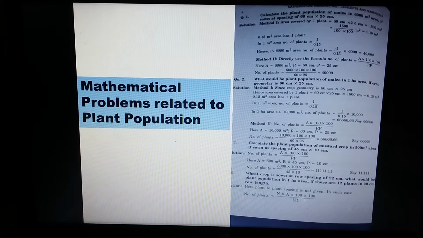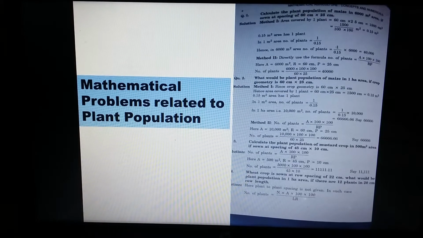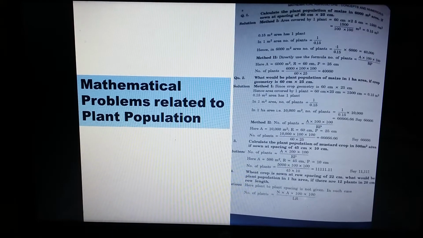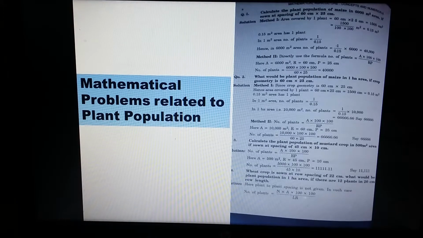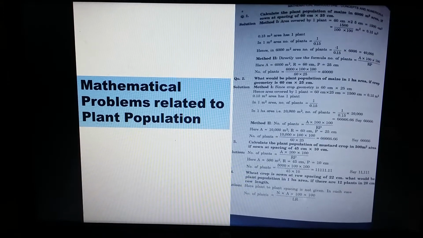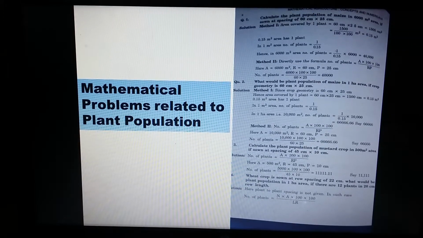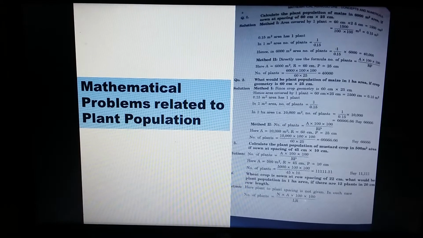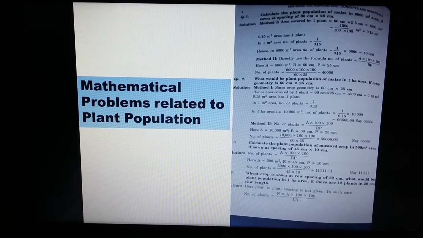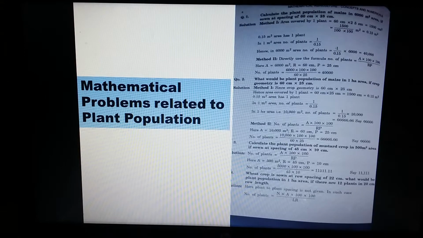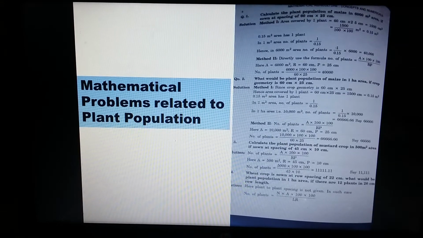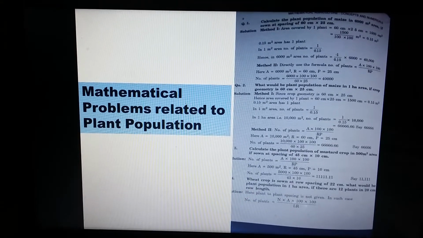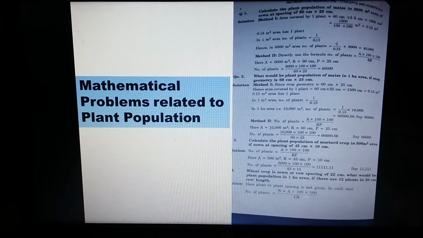So number of plants equal to 10,000 into 100 into 100 divided by 60 into 25. So the answer will be 66,666.66. But the plant population result should not be in a fraction. So the result will be 66,666.